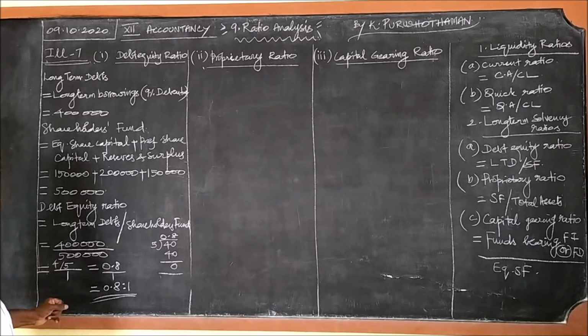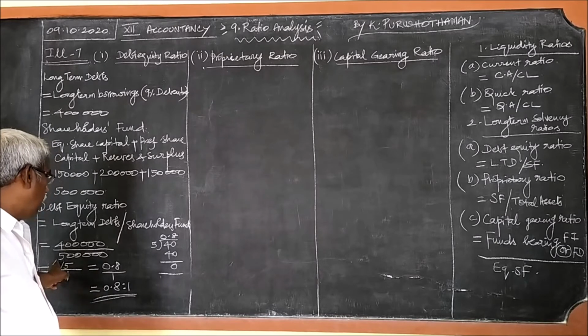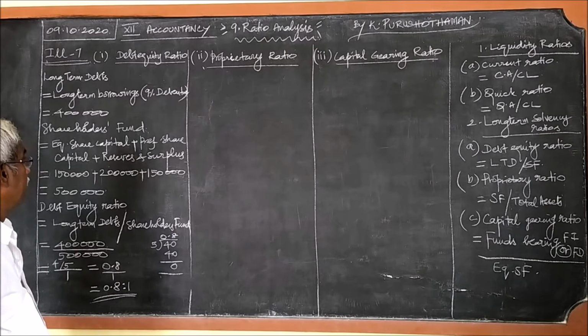Mathematically, you are dividing both the numerator and the denominator by 5. That is 4 by 5, and 5 by 5 is 1. Instead you can go the easy way: put 1 for the denominator, then write the entire fraction in the numerator. If it is 3 by 5, you write 3 by 5 in the numerator. Then divide 4 by 5, it is 0.8, therefore 0.8 is to 1.